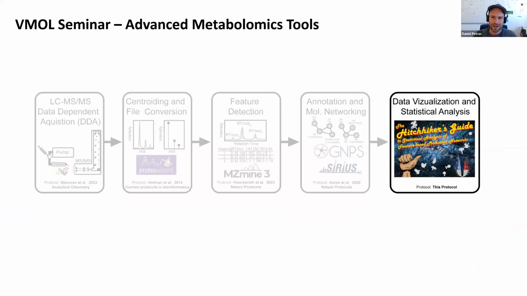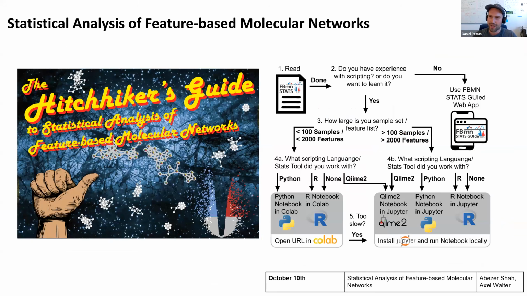And I'm very much looking forward to have them present here in a couple of weeks, our Hitchhiker's Guide to the statistical analysis of feature-based molecular networks, where they will present our streamlined workflow both in Jupyter notebooks as well as Colab environments for, depending on your gusto, R notebooks or Python notebooks or QIIME2 notebooks, and also a very simplified web application in case you don't want to do any scripting and just want to click through a web app. So please join us on October 10th when they're gonna walk us through there.